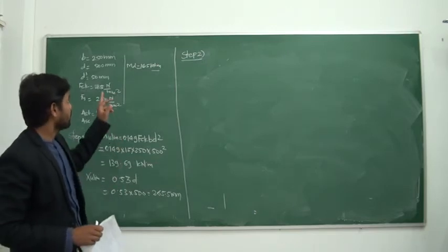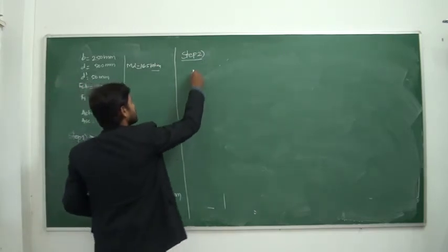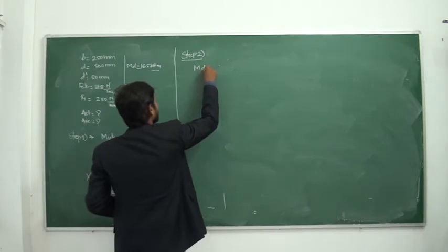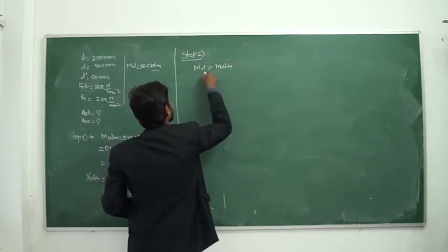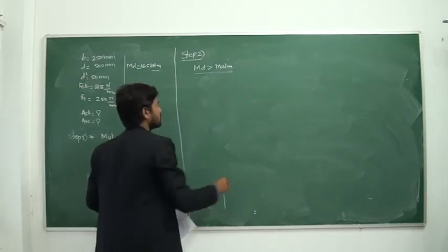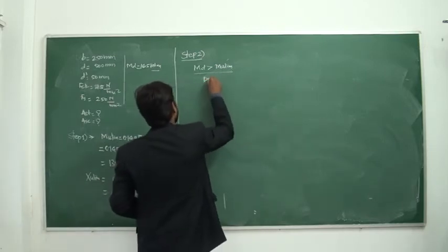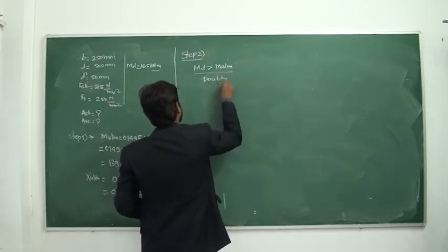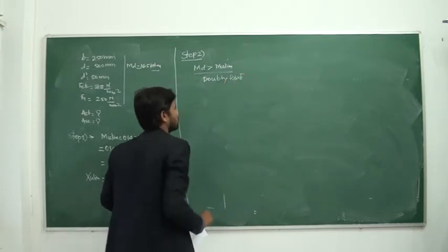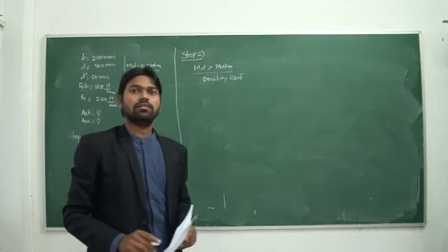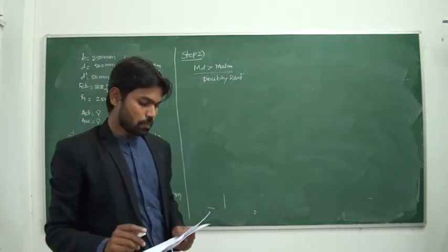It means MD is more than MU limit. It means the section is to be designed as a doubly reinforced section.